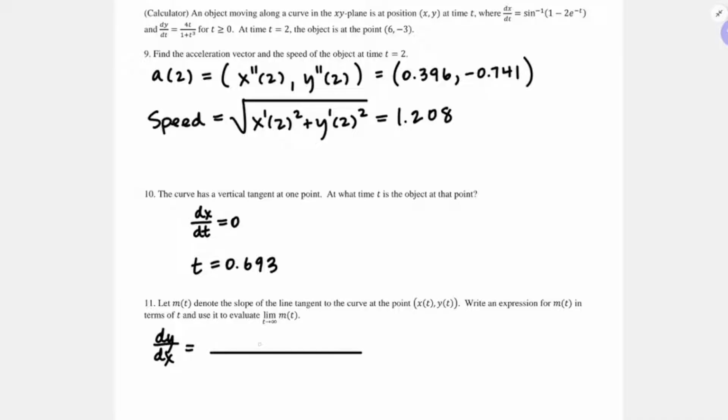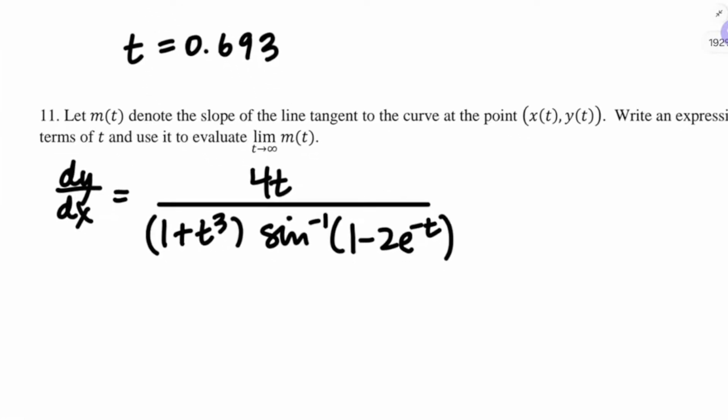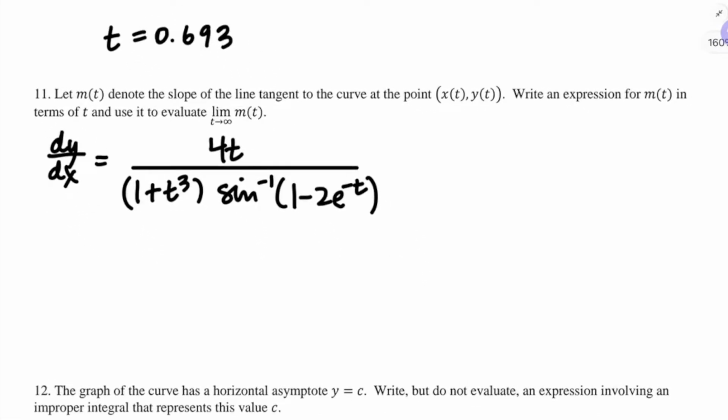But I'm going to just put 4t in the numerator and then 1 plus t cubed in the denominator, and then multiply by arc sine of 1 minus 2e to the negative t. Okay, now let's think about this. How interesting. As t approaches infinity. All right.